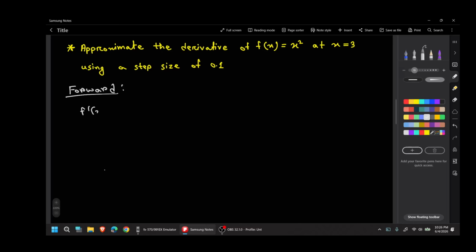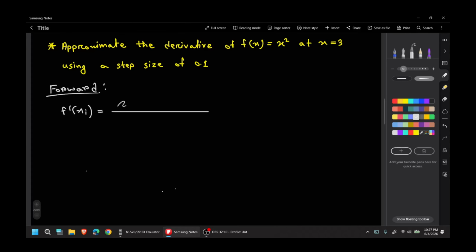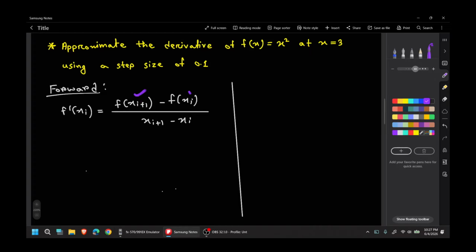So f prime xi equals f of xi plus 1 minus f of xi divided by xi plus 1 minus xi. First of all, we have to find these.